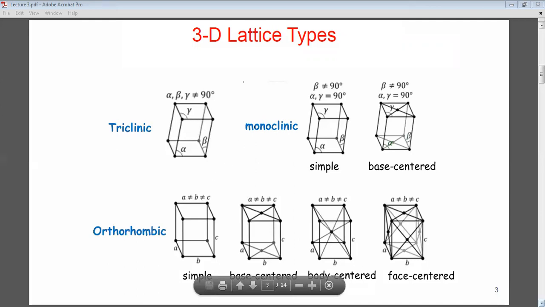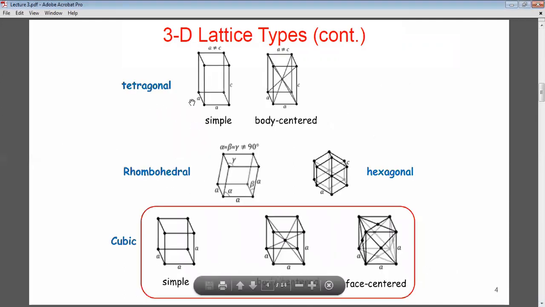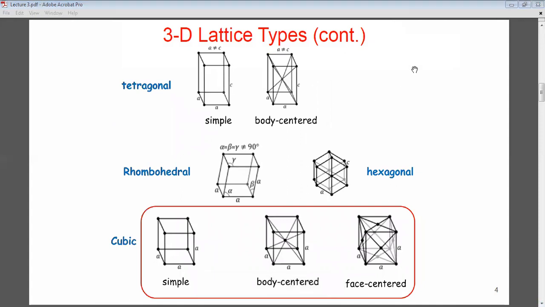Let's look, for example, at a tetragonal lattice. I have 2 sides equal, and 1 side different from these 2. And all the axes are perpendicular to each other, so all the angles are equal to 90.